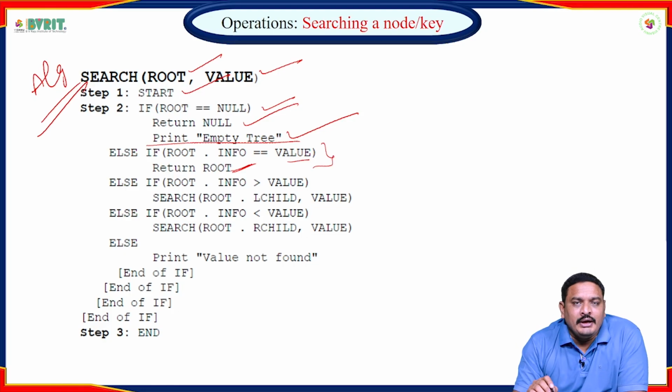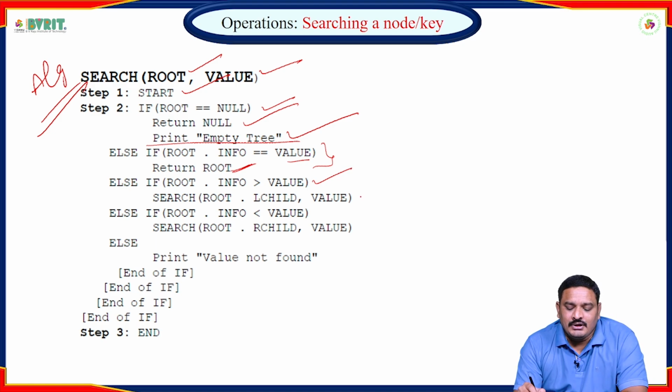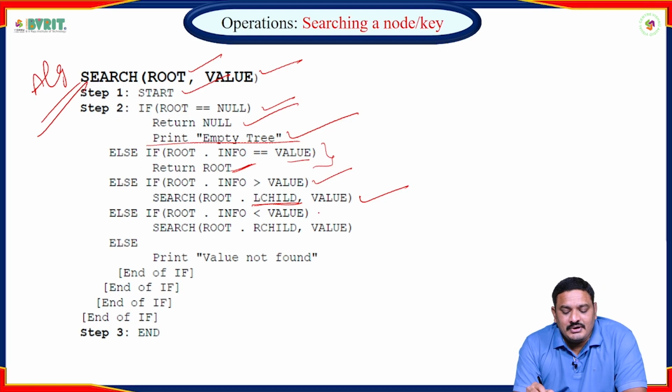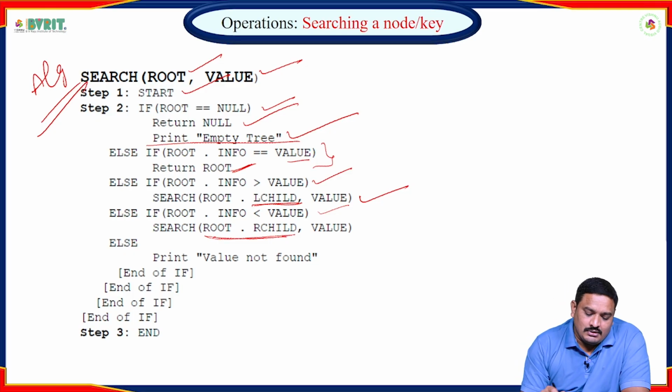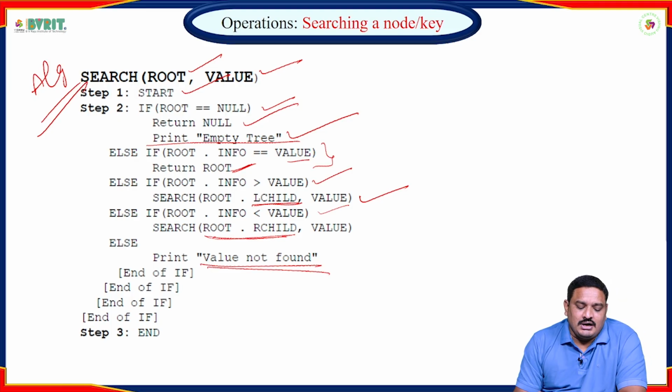Else, if root.information is greater than value, search the left child, that is root.leftchild. If root.information is less than value, search the right child, root.rightchild. Else, print that the value is not found.